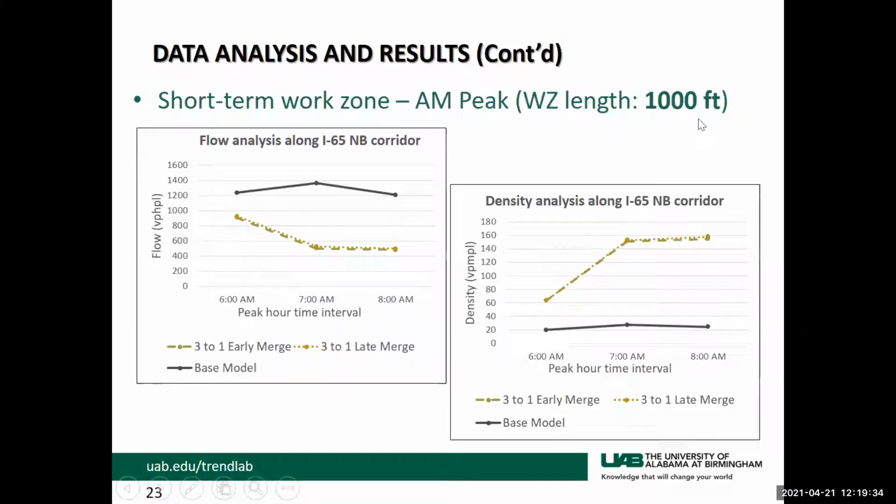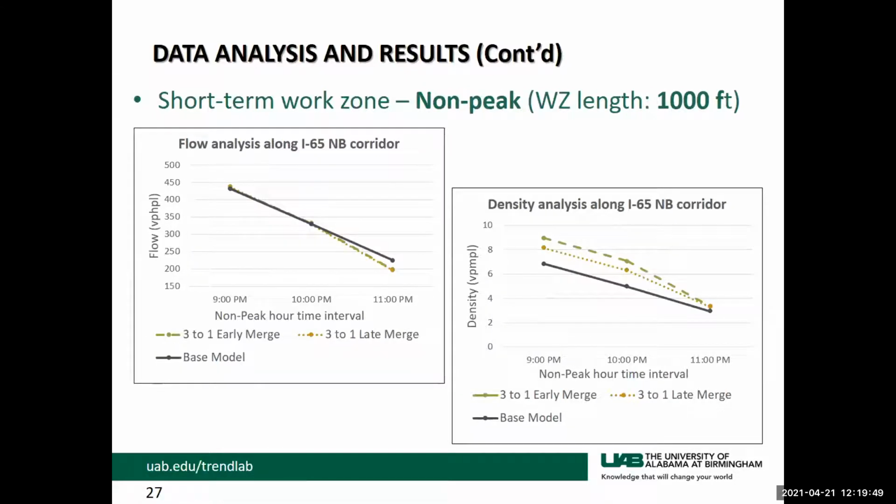So when we increase the length of the work zone, the performance of the early merge and the late merge scenarios was pretty much identical. And that was the case also with the 15,000 feet as well.